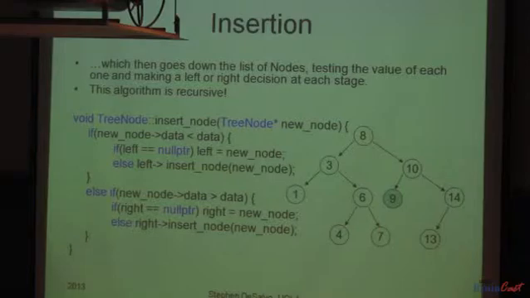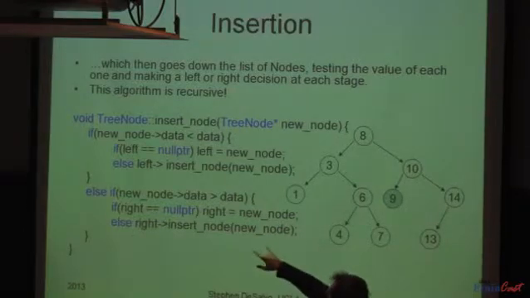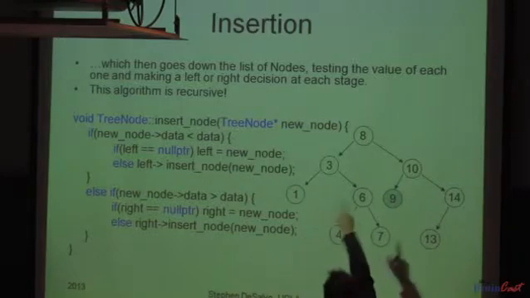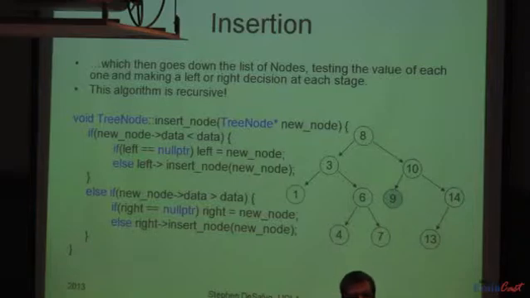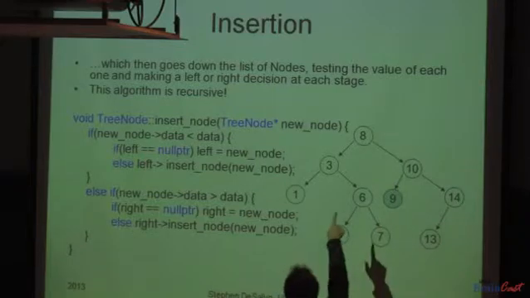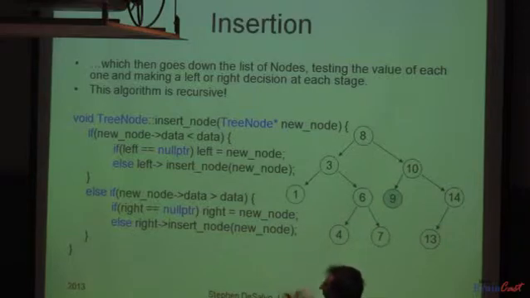The tree node function insert node accepts a tree node pointer, and then checks: does the new competing node, the 9 for example, have data less than the 8? Right now we're in the root. The root node is calling this insert node function, so its data is 8, and our new node is, say, a 9. Is 9 less than 8? That's false, so we go to the else.